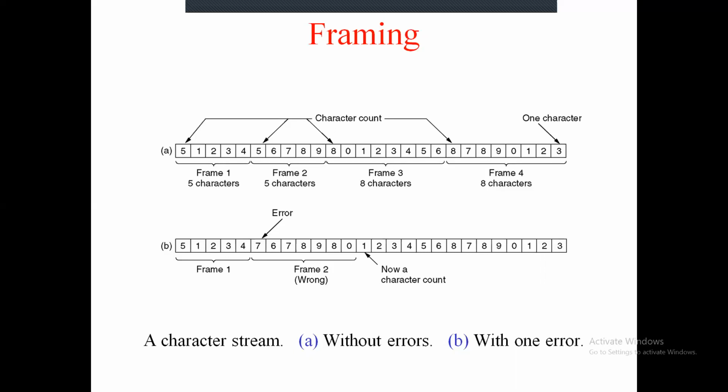The network layer sends packets to the data link layer. The data link layer will convert the data into frames. As I already told you, the structure of the frame has a header and a trailer, and in between the header and trailer, it has a payload field.